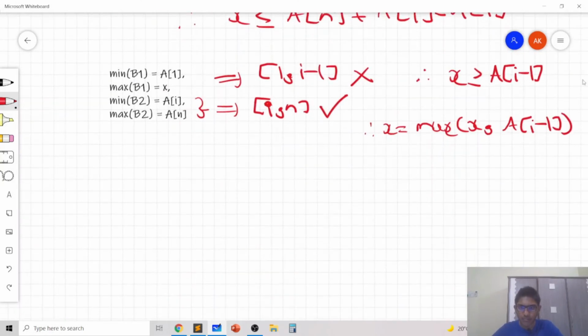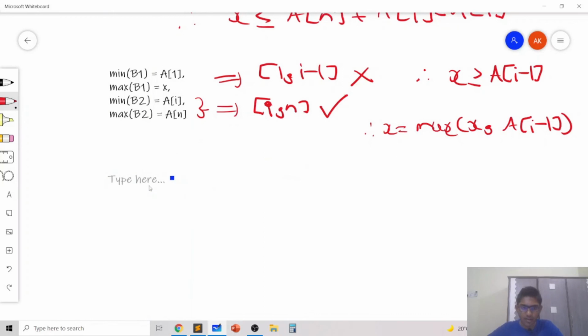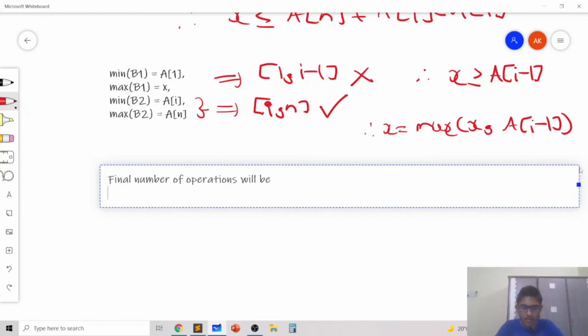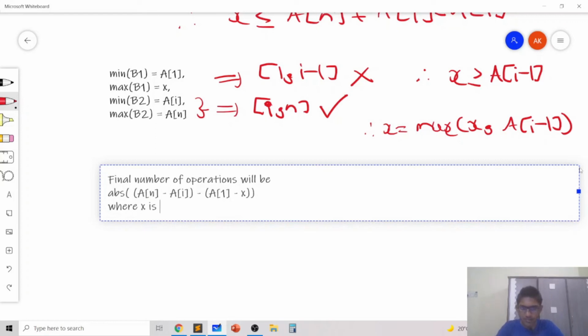Summarizing the final answer, when we are iterating over all indices i, the final number of operations will be the absolute value of an minus ai minus a1 minus x, where x is the maximum of ai minus 1 and the lower bound from set 1 or the lower bound from set 2. So there will be two cases where we'll take the minimum.